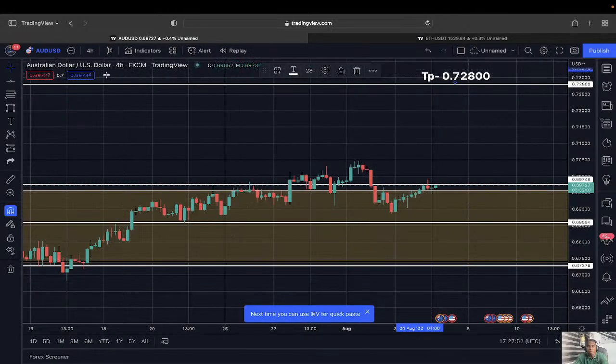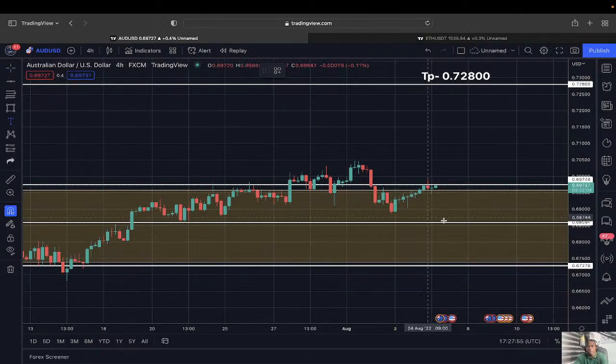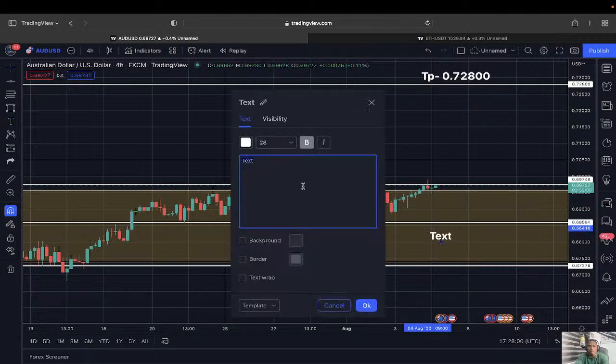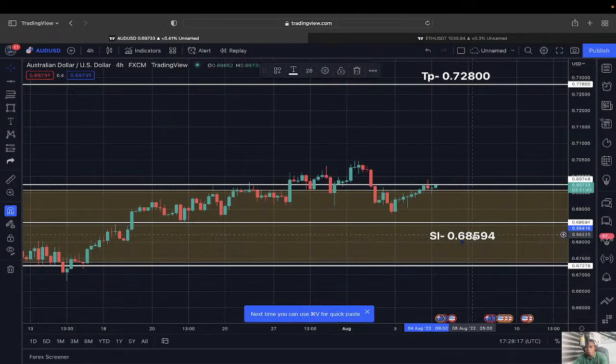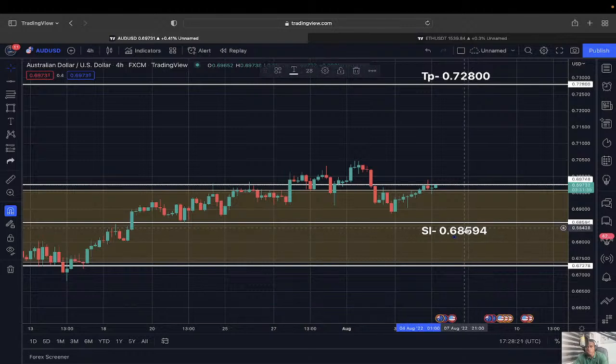And another one, stop loss will be here. SL will be at 0.68594. Good. So I'm setting my stop loss here at the next support level.